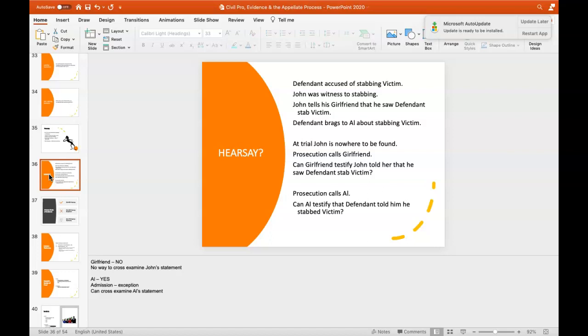Well, it's hearsay, it's secondhand information, so no, girlfriend cannot testify. The statement is hearsay, and there's no way to cross-examine John's statement. There is no exception that applies.